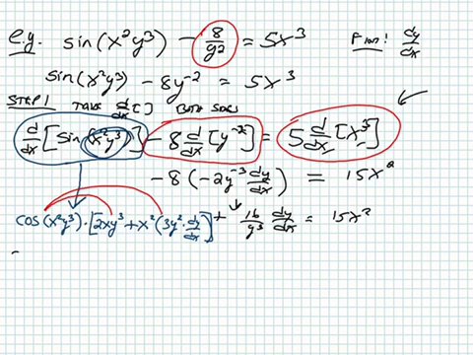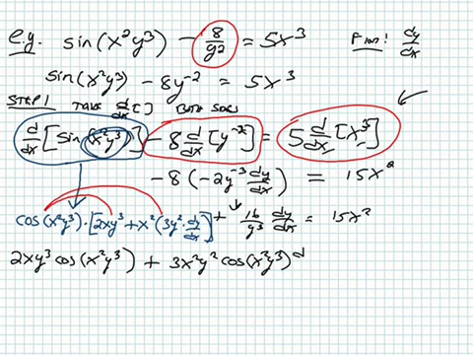So I've got 2xy cubed times cosine of x squared y cubed plus 3x squared y squared times cosine of x squared y cubed times dy dx plus 16 over y cubed times dy dx is equal to 15x squared.